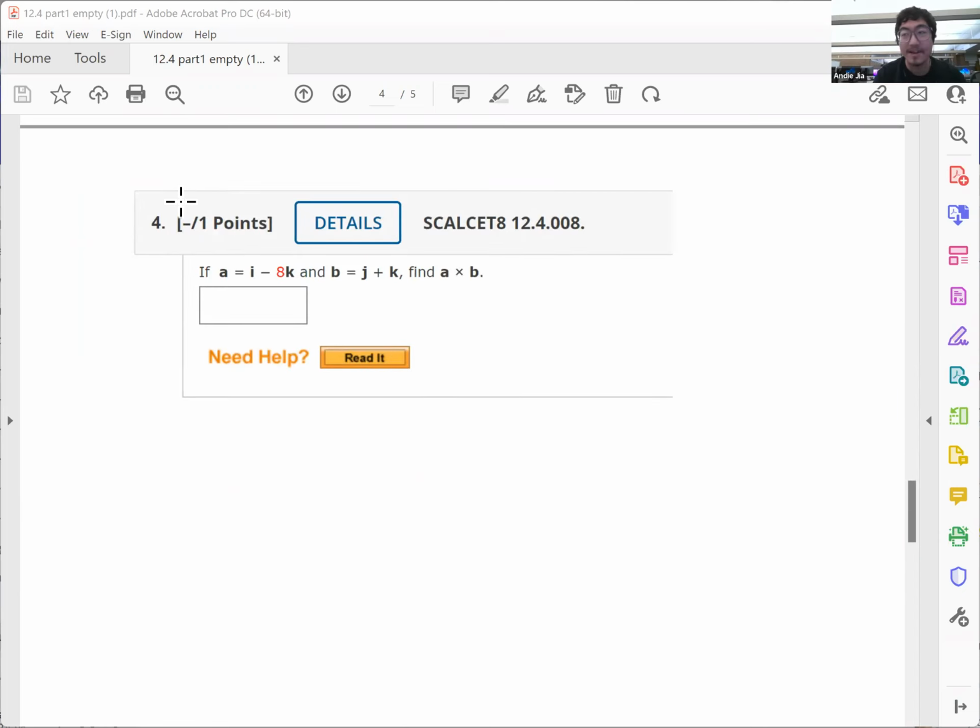Number 4 is to pay attention. They are not two variable vectors. They have i, j, and k. If there's no j in a vector, then the coefficient of j is 0. So the a vector is going to be 1, 0, and -8. For b, it's going to be 0, 0, 1.